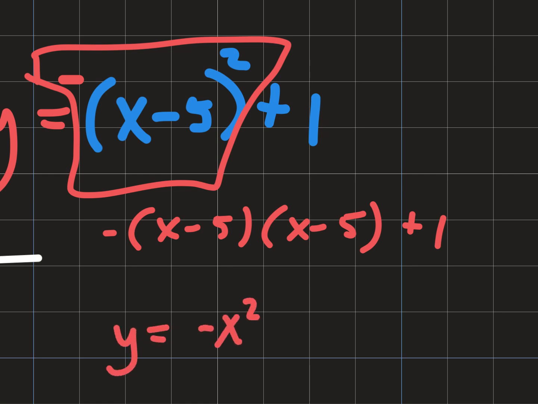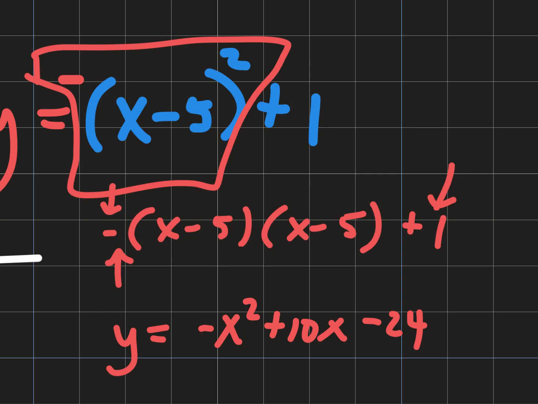And it would have been minus 10x, but this negative turns into plus 10x. And then it would have been positive 25, but now it'll be negative 25 because of this. So it'll be negative 25 plus 1 makes negative 24. There's two of my forms. General form, and this one is called vertex form.